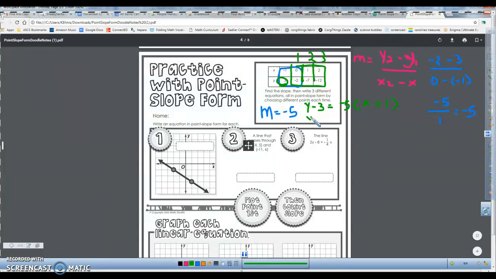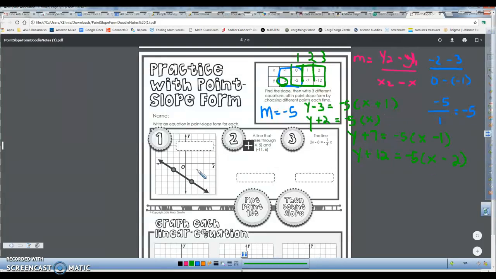Good, so your first equation should be y plus 2 equals negative 5 times x, because minus 0, plus 0, whatever. And then the second one should have been y plus 7 equals negative 5 times x minus 1. And your third one was y plus 12 equals negative 5 times x minus 2. Okay, so those were the 3 you came up with.